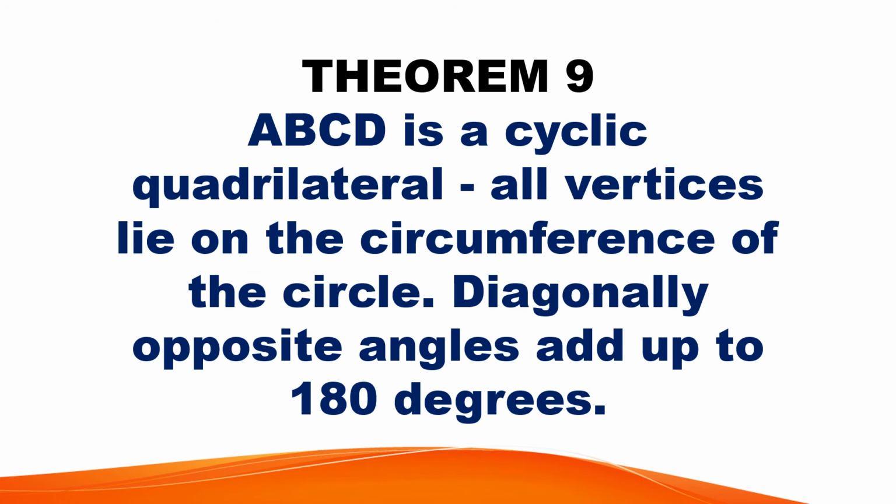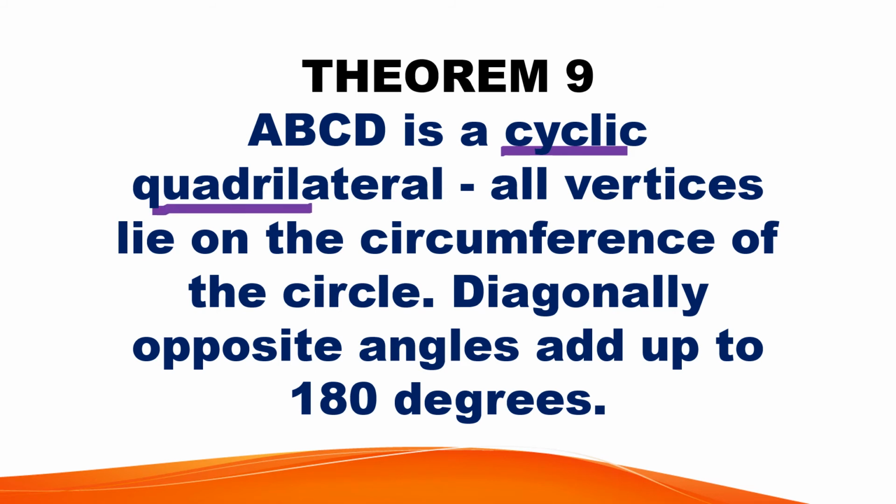Theorem number 9. ABCD is a cyclic quadrilateral when all vertices lie on the circumference of the circle. Diagonally opposite angles add up to 180 degrees. Now, yung theorem number 9, ito yung magsasabi kung ang ABCD ba is a cyclic quadrilateral.